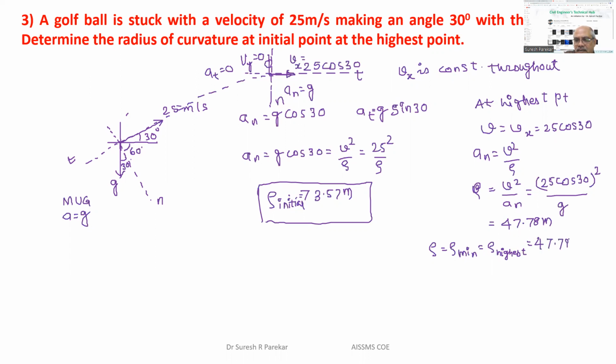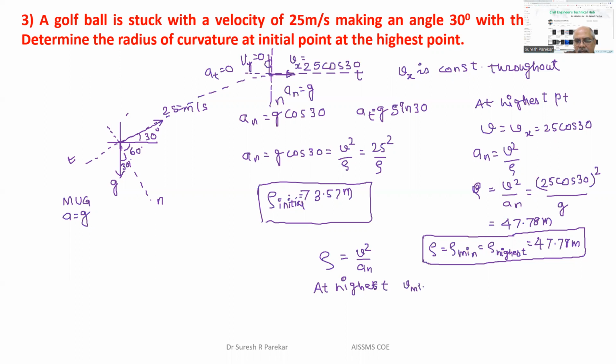And as velocity is minimum and An is maximum at highest point, which is g, therefore numerator is minimum and denominator is maximum, because we have formula rho equals v square by An. So rho becomes minimum.